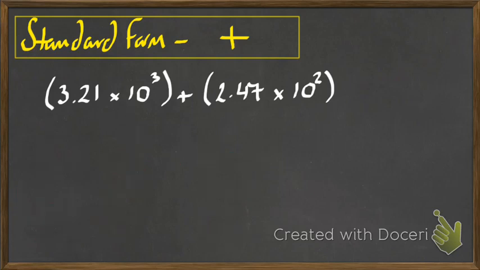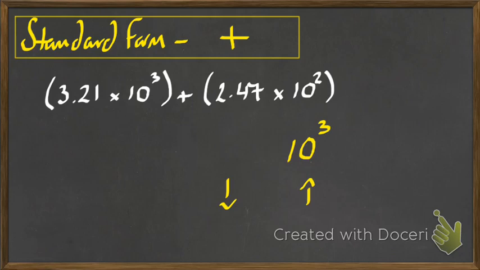So applying that idea to this problem, I've noticed that here and here I've got 10 to the power 3 and 10 to the power 2, and I need to make some sort of conversion. So I'm going to convert this first, and I want to make that into 10 to the power of 3. Now if I increase the power here, I have to decrease by a power of 10 on this side.